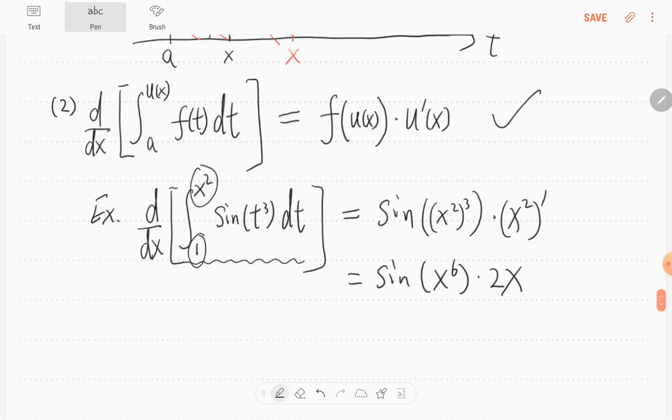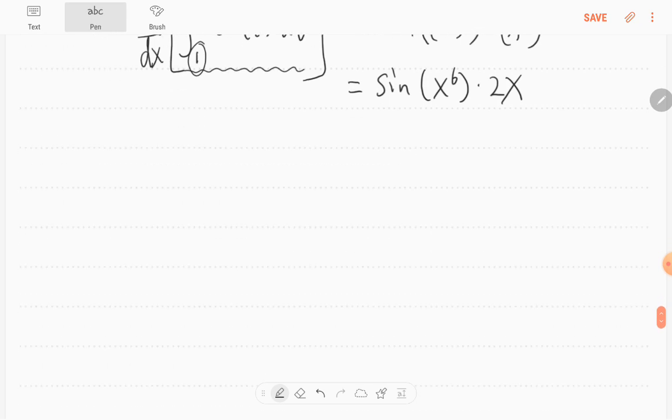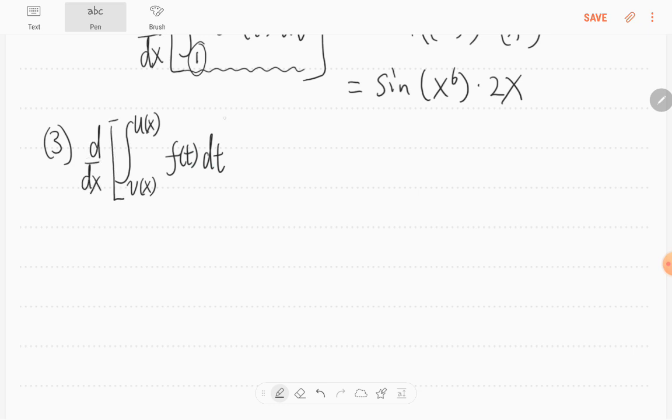Let's look at the third one. Let's do the more extension for this formula. If the integral here is v of x, the lower limit is a function of x, the upper limit is also a function of x, f of t dt, what is the derivative about x for this function? It's very similar.